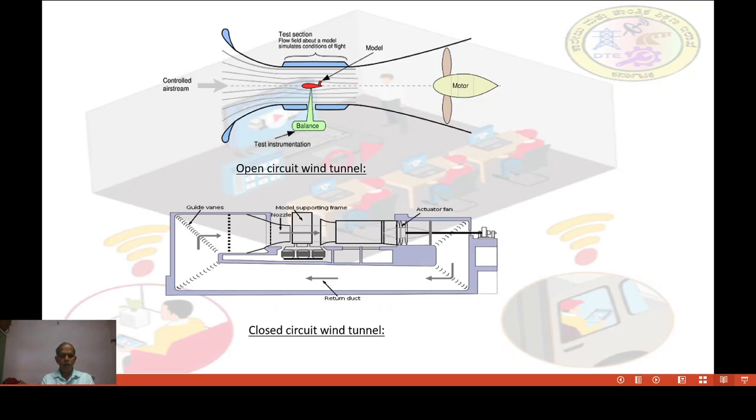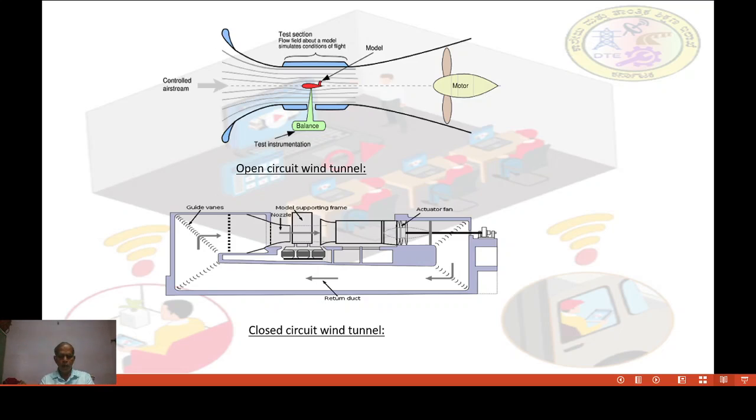Outlet of such a wind tunnel is connected to the inlet so the same air circulates in the system. The chances of dirt entering the system are also very low because it is not open to the air.